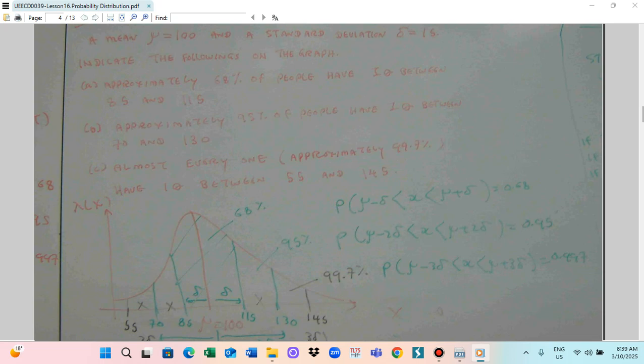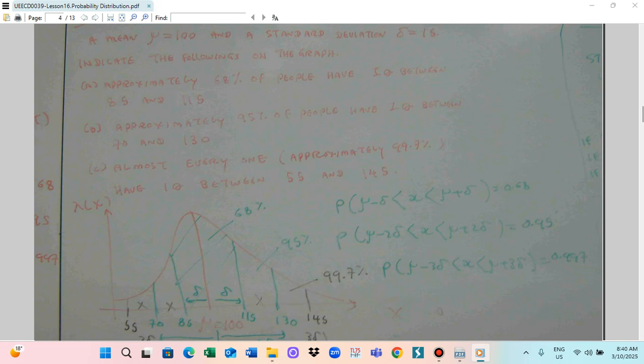Another one will be 95%, and 95% of people have an IQ between 70 and 130. So the 130 we can write here. 130 means the difference of 130 minus 100 is 30. Delta is 15, so 2 delta will be 30.